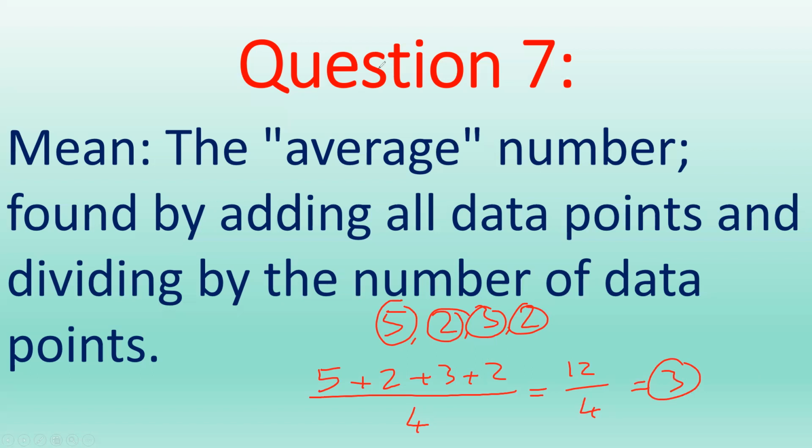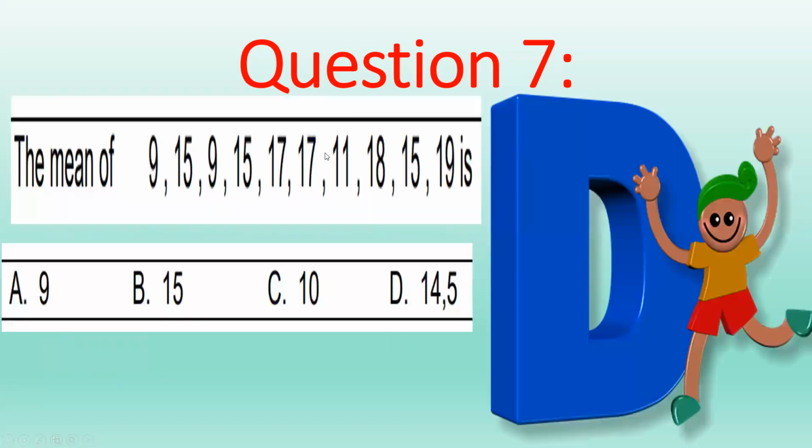All right, let's continue with our question now. The answer is D. Why? You are adding them all: 9 plus 15 plus 9 plus 15 plus 17, 17, and 11. Whew, we are tired.